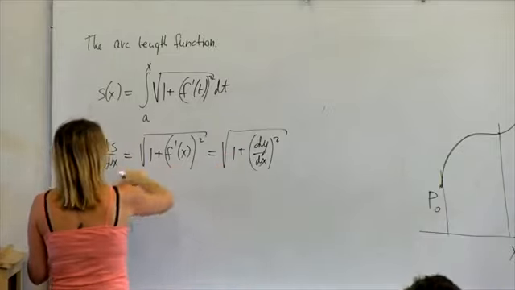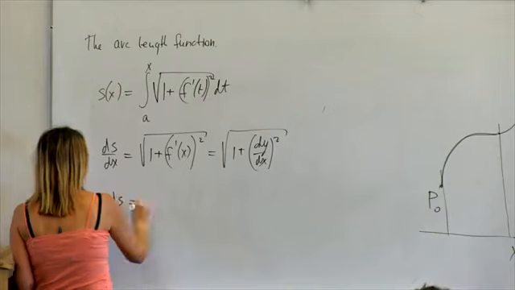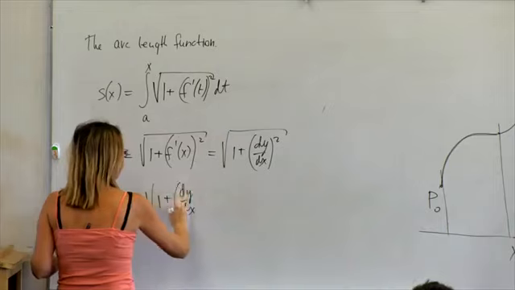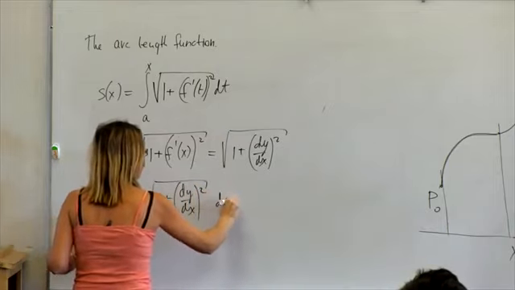I can multiply by dx, and I get ds equals this square root of 1 plus (dy/dx) squared dx.